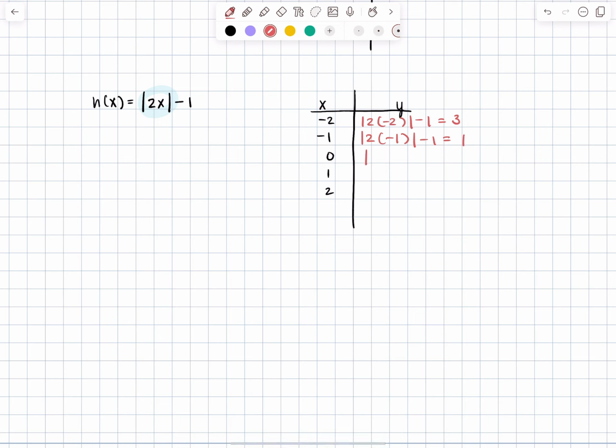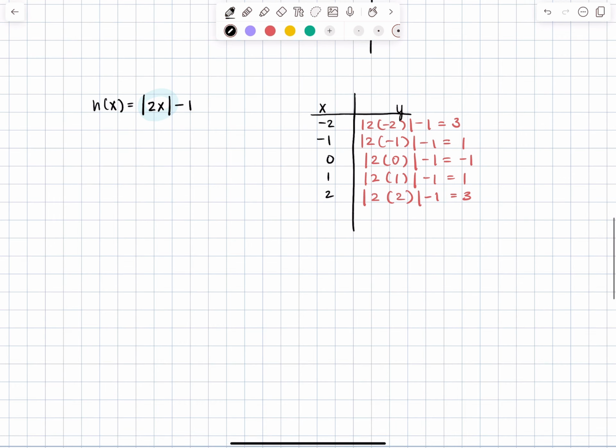And then here, 2 times 0, absolute value, minus 1. 0 minus 1 is -1. And then we have 2 times 1, absolute value, minus 1, that is 1. 2 times 2, minus 1. 4 minus 1 is 3. Perfect. So we have our points over here.